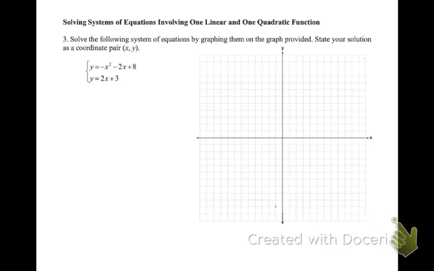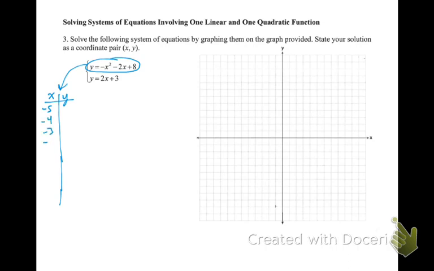Okay, so we're going to see what's happening in this graph. To do that, we're going to get the table of values for the parabola. So the parabola is going to go here. So type that in your calculator right now into y1 and see what the table of values is going to be. Okay, so it looks like in my calculator I can start at -5 and go up to 3 on the x's.